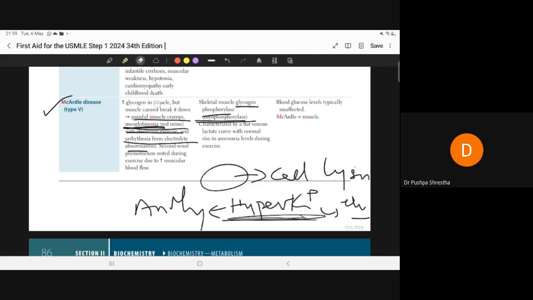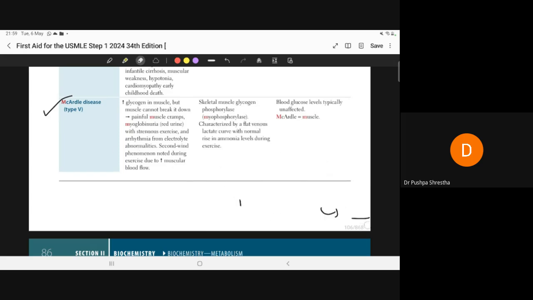A few points that are very important for exam purposes: you should remember the second wind phenomenon. In this, the first time you did an intense exercise, you did not have sufficient glucose to provide to the muscle, because you are deficient in this enzyme.